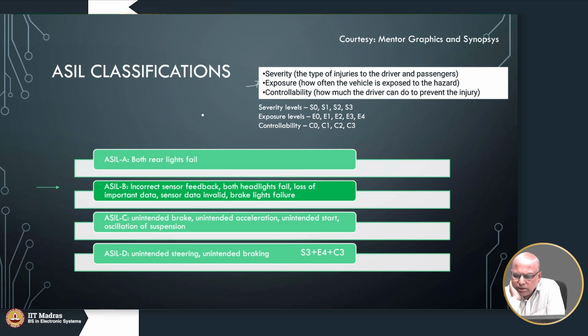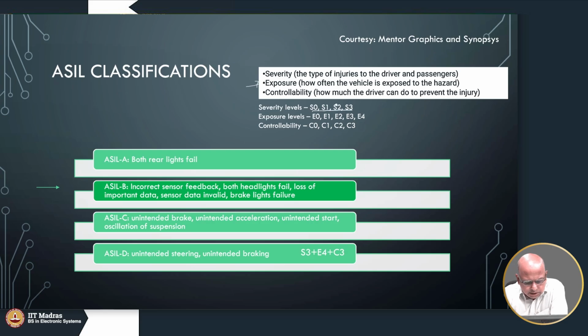And secondly, how likely is that thing to happen? And thirdly, if that happens, can something be done about it? Can the driver do something about it? Can you break the glass in case it cannot be opened? Things like that. Right?